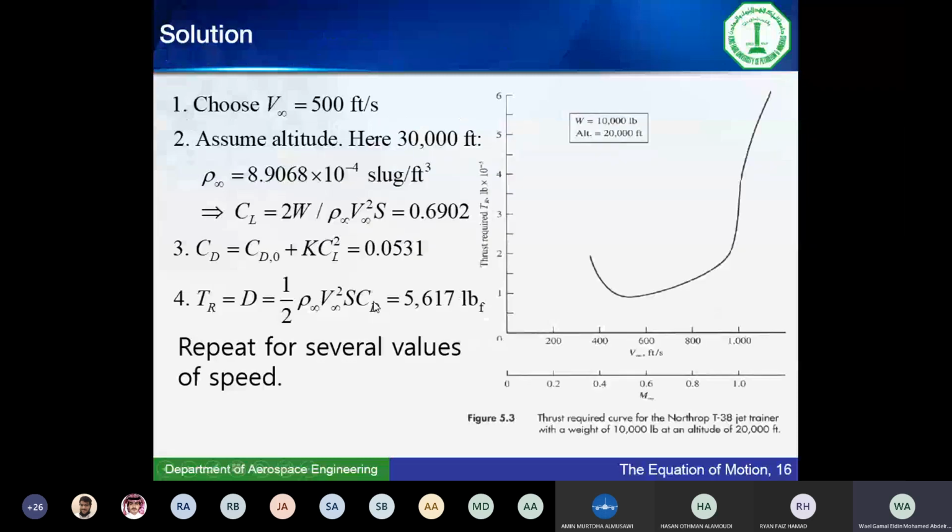And from CD, I'm going to calculate the drag, and I'm saying the drag is equal to thrust to be this value for this speed. You change V, you change T. You can put it in an Excel sheet, for example, these three equations, and you put V and you will get T. So you will get a set of points. Each point is a velocity and thrust, velocity and thrust, velocity and thrust. You can plot and you will have the curve.